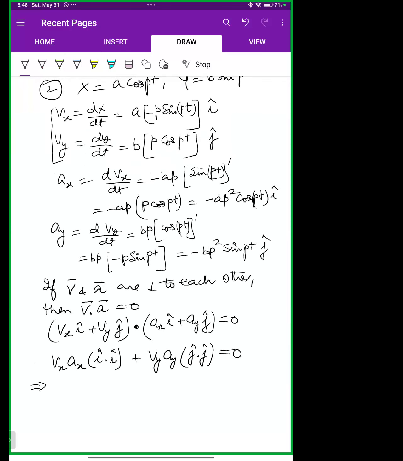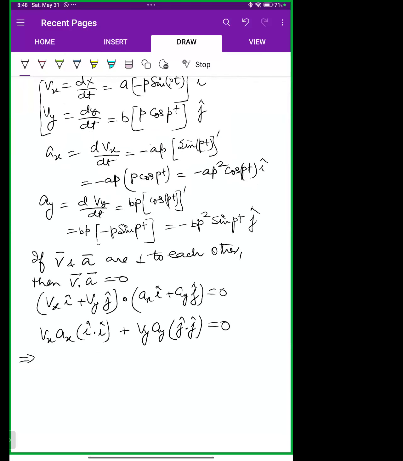Vx is minus AP sin PT. And what is Ax? Ax is minus AP square cos PT. Then plus Vy.